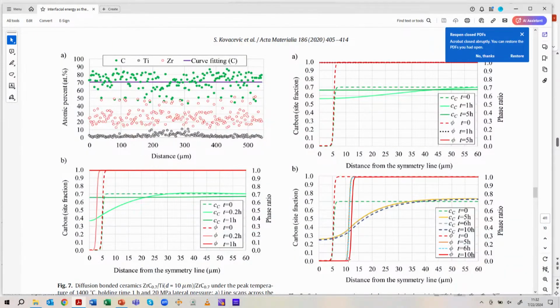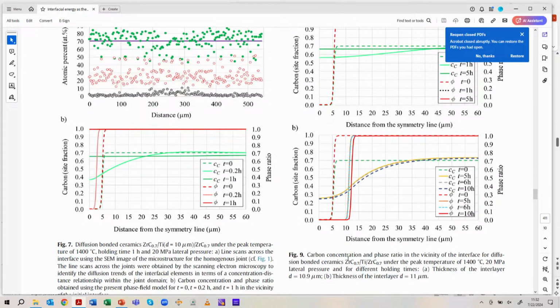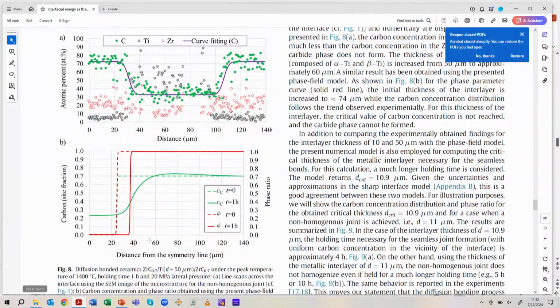Anyway, this is 20 micron. Here's 50 micron film.